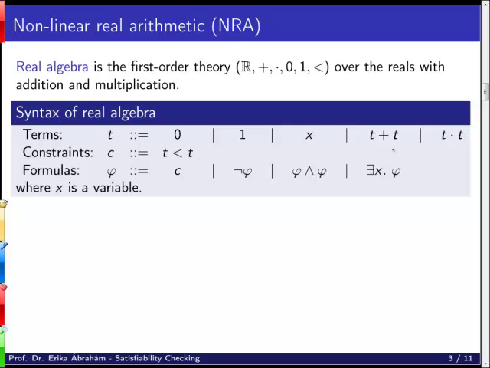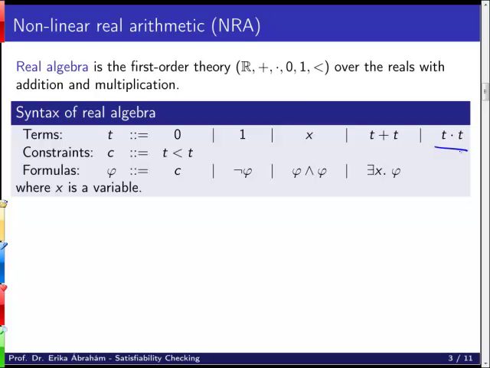The syntax is, these are the new parts. Actually, this is the only one. So we have constants, we have variables. These are real values. We have addition, and we have multiplication. Then the constraints are built the same as in linear real algebra. I can compare terms, and formulas are constraints or Boolean combinations as in first order arithmetic.